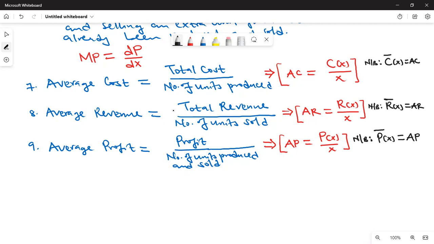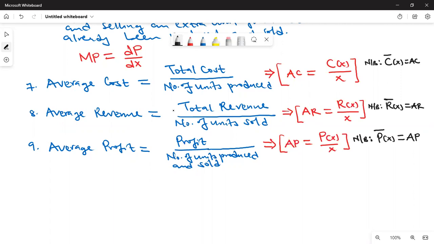Now, apart from those 9 items that we have looked at, and I have given you the formula in each of them, when we are studying economics, the aim is to maximize the profit while minimizing the cost. You also need to maximize your revenue, but you need to minimize cost.